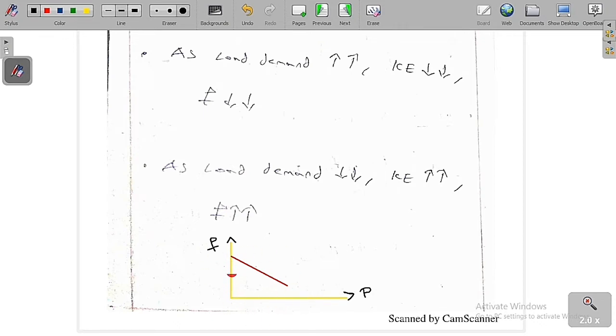Whenever the active real power demand increases, the frequency decreases, or if the active real power demand decreases, the frequency increases. Finally, whenever the load demand increases, the kinetic energy of the system decreases, so the frequency decreases. Similarly, whenever the load demand decreases, the kinetic energy increases, so the frequency increases. You can see this clearly from this diagram also.